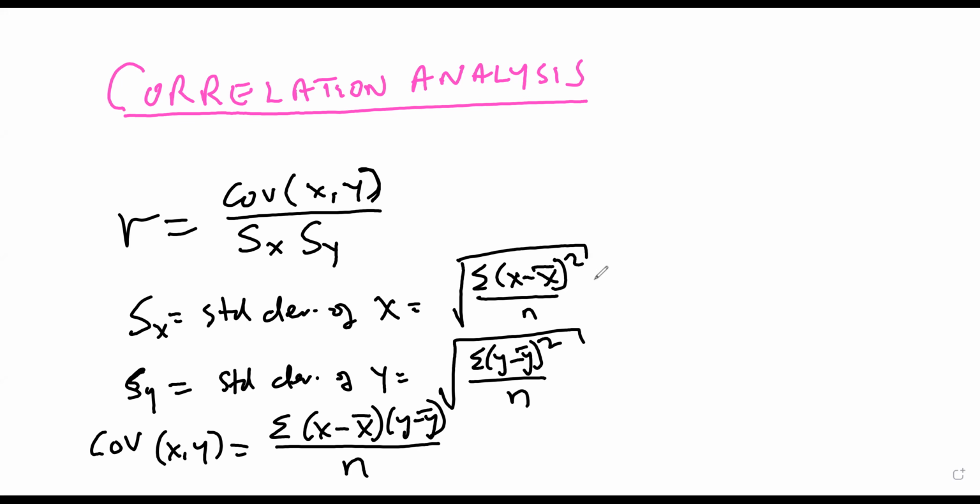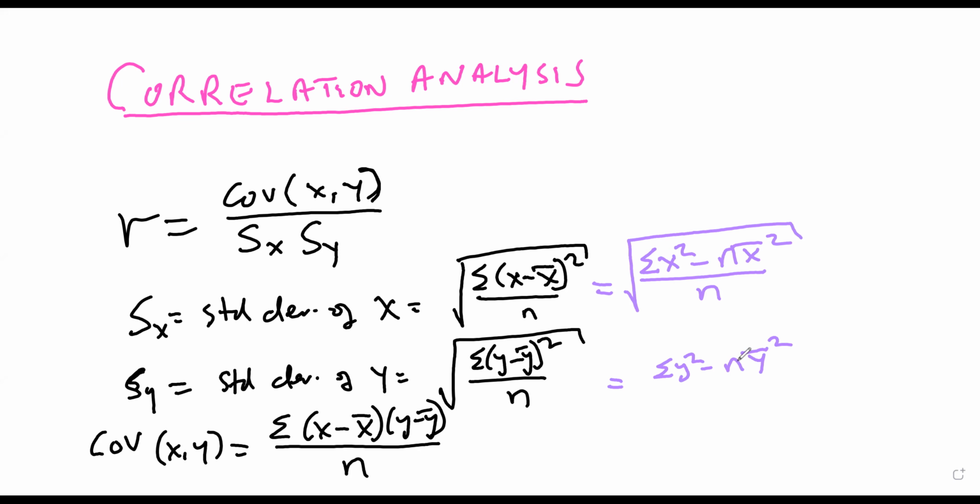So this item here can be rewritten as summation of X squared minus N X bar squared. The expression inside the brackets can be rewritten like that. This is X bar squared. And this can also be rewritten as summation of Y squared minus N Y bar squared, divided by N, like that.